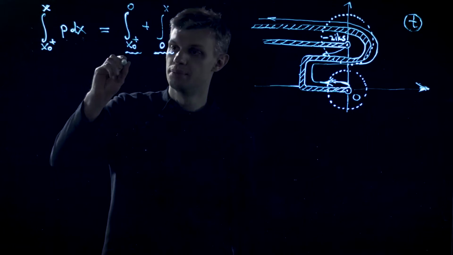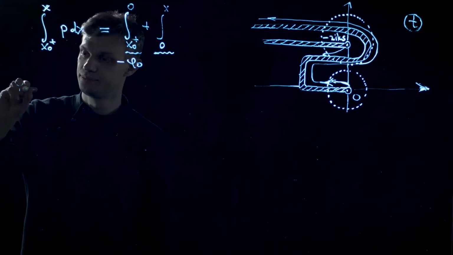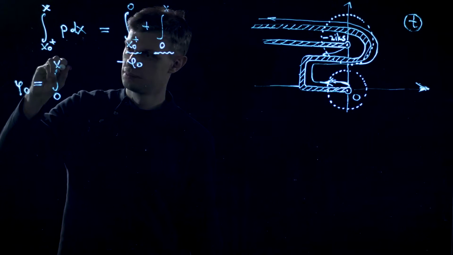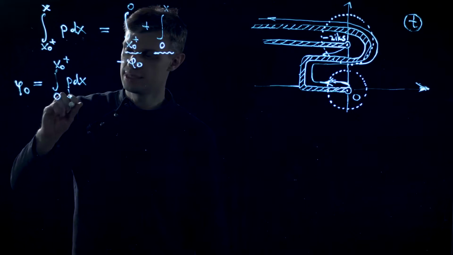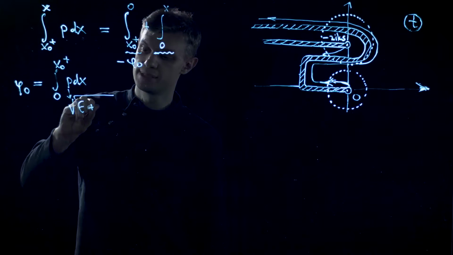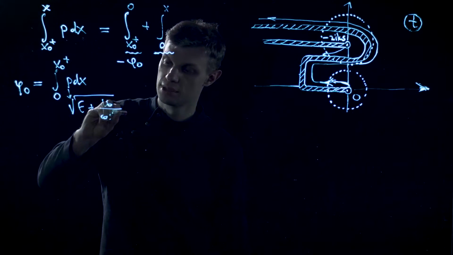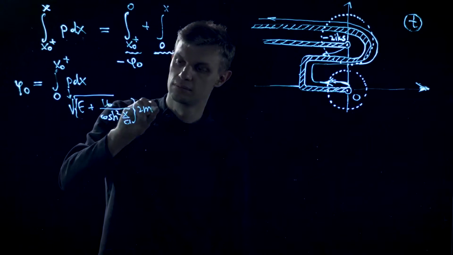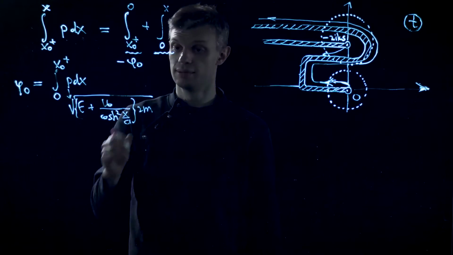We denote it by minus phi naught. And here we go. So this p is square root of e plus u naught over something, and it happens that the integral can be computed exactly.